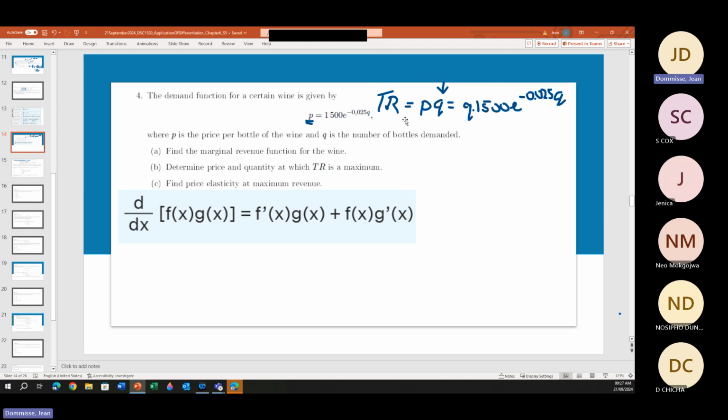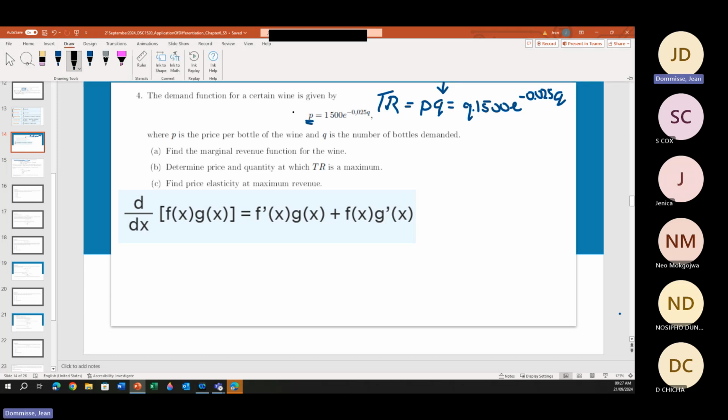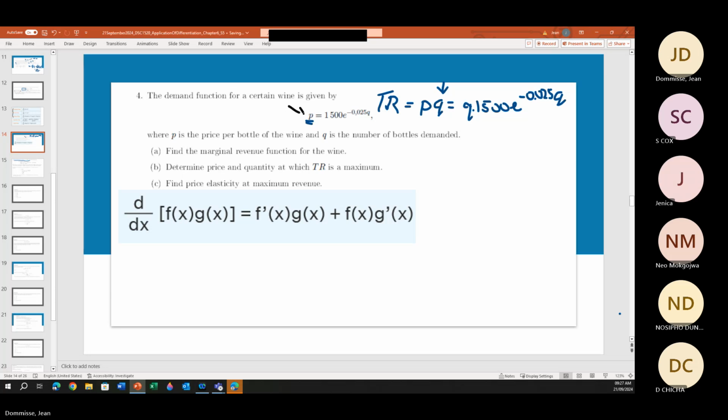Okay, so first thing that's important is that we've got the demand, the price for total revenue. It is price times Q, so we need to bring in that Q into the calculation.